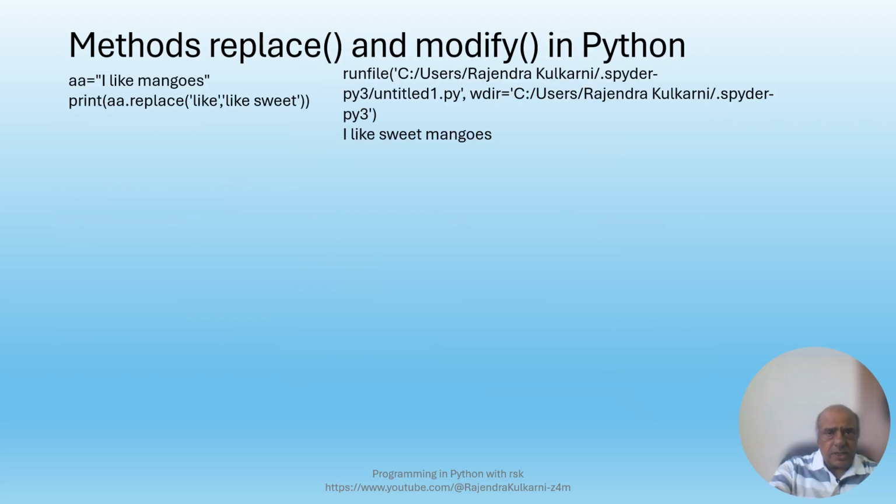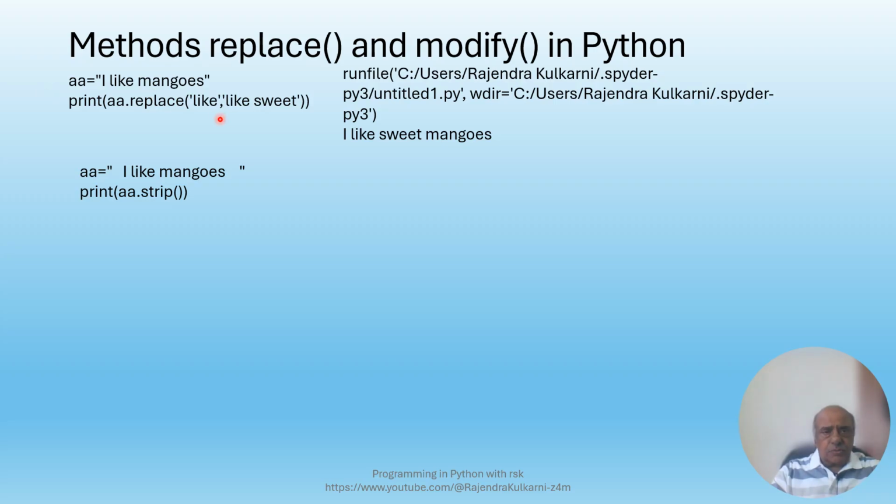Replace and modify are two other methods. I like mangoes is the object referenced by a. Now I want to replace like by like sweet. So what I do is I apply a method a.replace.